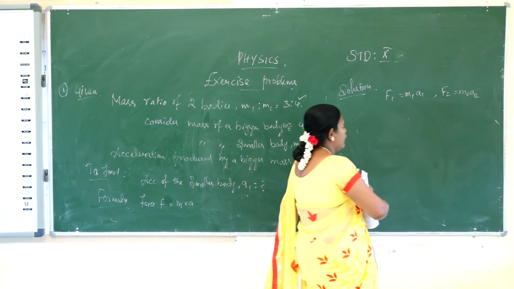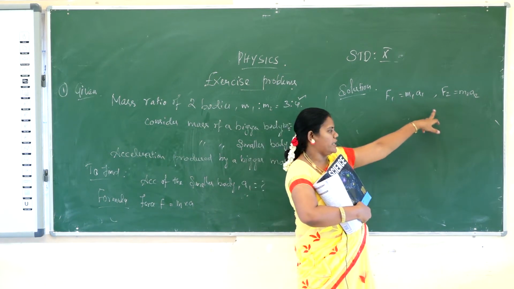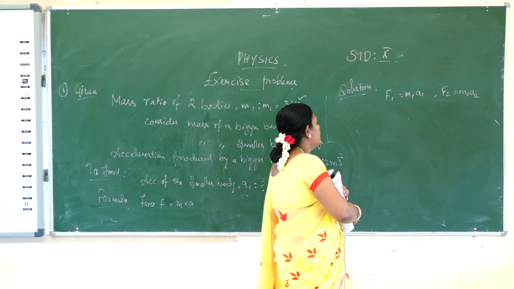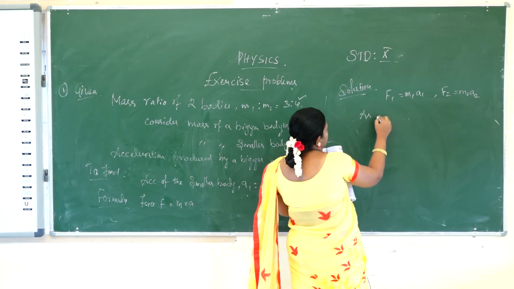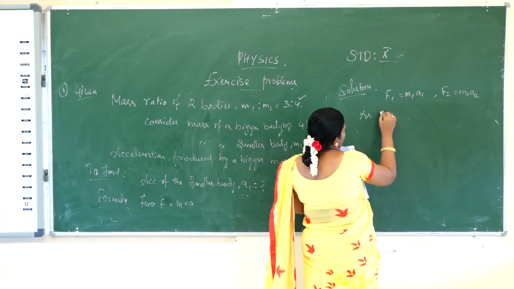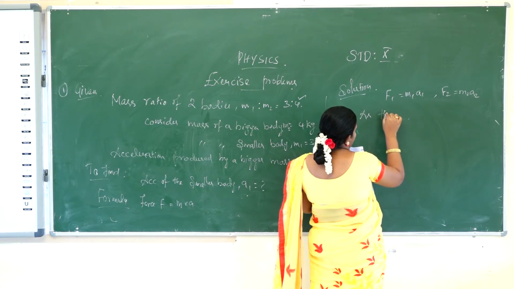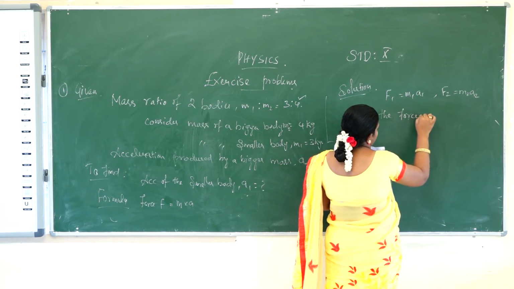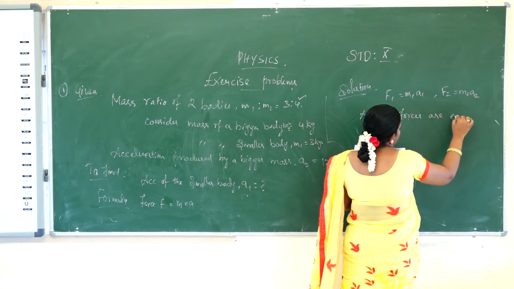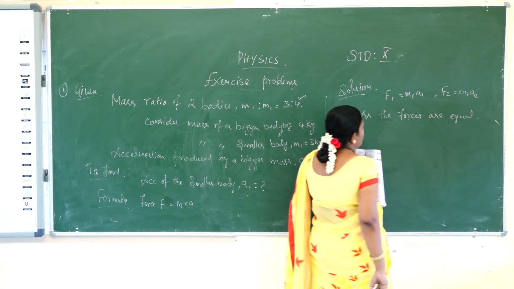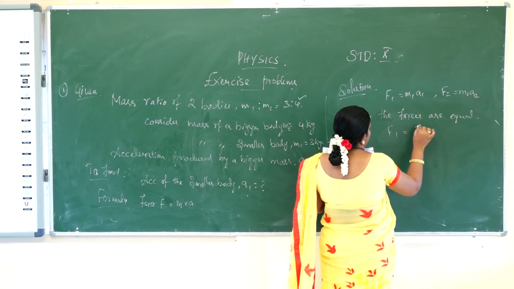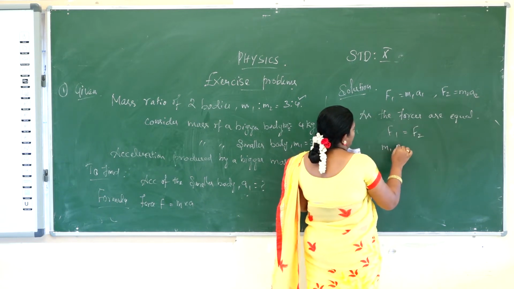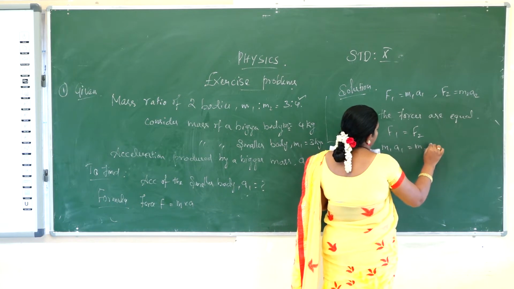We consider the forces are equal, so F1 is equal to F2. So m1 a1 is equal to m2 a2.